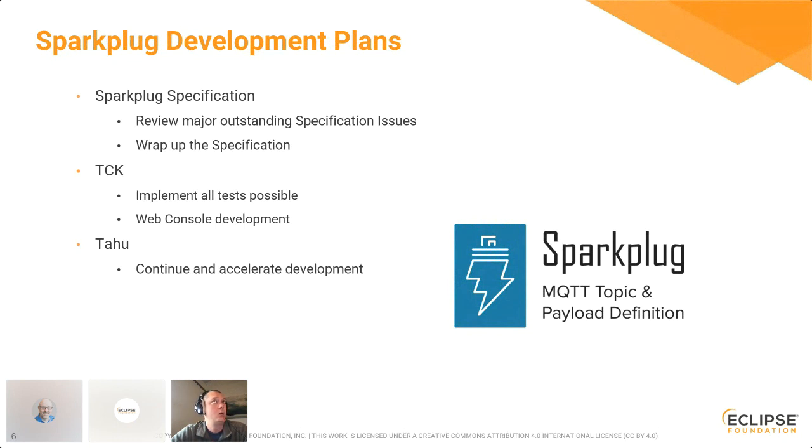Ultimately, there is another body associated with the Sparkplug working group that is the Sparkplug specification committee. That is the group that will approve whether or not what gets produced by the specification project will be able to be released. So we'll be meeting soon to hopefully wrap up some of those final details.